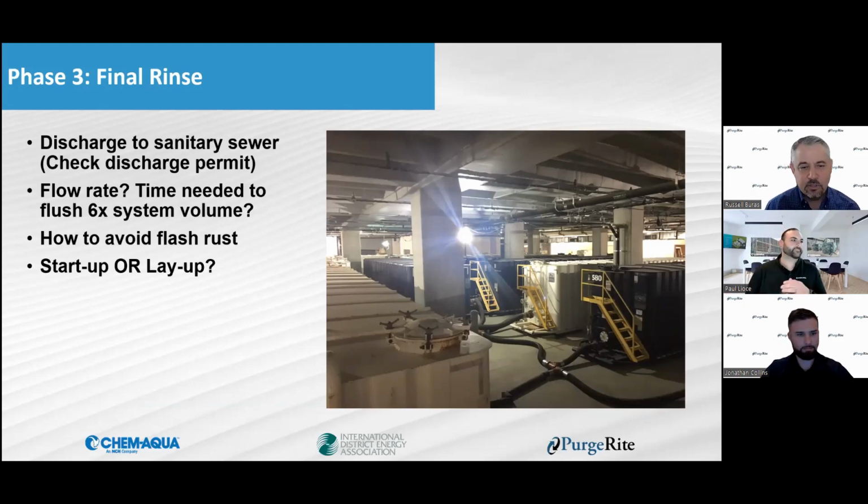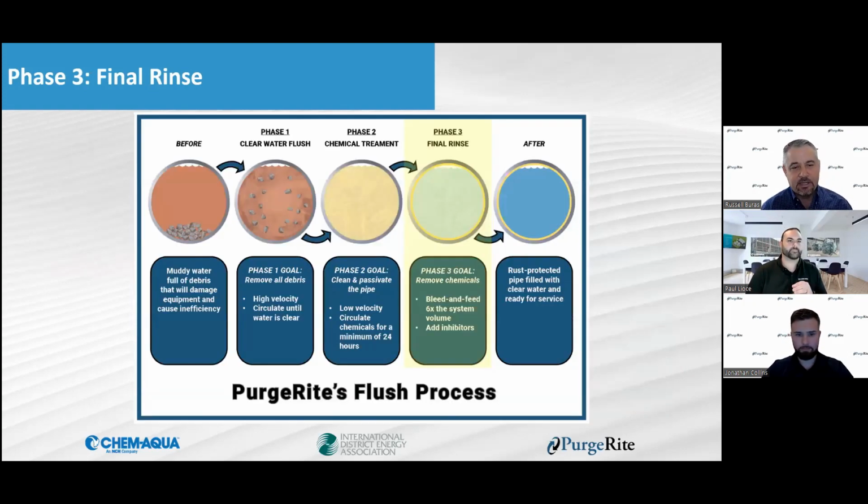Yep. So back on the rinse side of this, phase 3, once you're ready to get your chemistry out and you're fixing to go in with your final chemistry, the inhibitors that are going to remain, a couple of thoughts on final rinsing. When we're rinsing out a system, and Paul touched on it, your makeup and your discharge become critical.